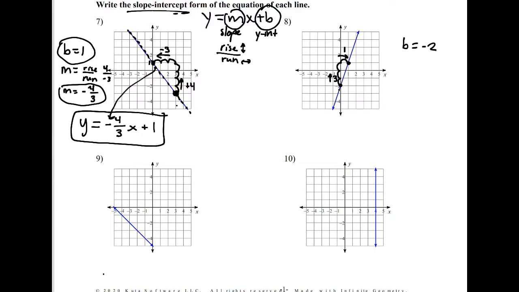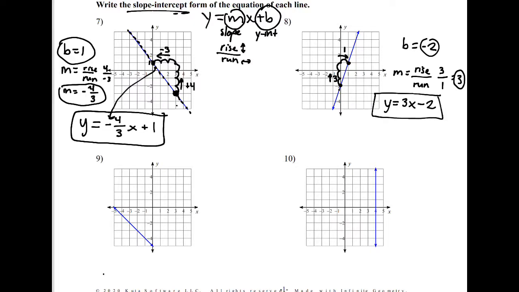Remember m is rise over run, so you put the rise number on top, the run number on the bottom. My rise was positive 3, and my run was positive 1. So that actually simplifies to a whole number, or I should say integer, because it could be a negative. So we're going to leave m as just 3, and our b is negative 2. So now we can write y equals mx plus b. Well, that's going to be 3x, and then b is negative 2, so minus 2.